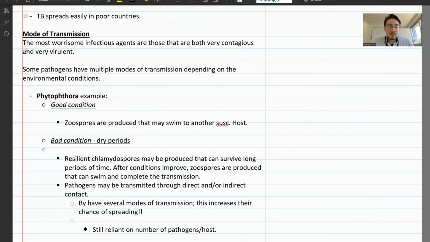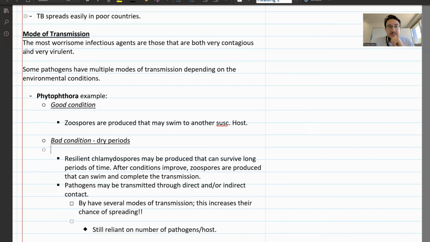Is it soil-borne or waterborne? Could it be spread by sneezing and coughing and all of that? So definitely, depending on how difficult it is, mode of transmission can easily propagate a pathogen or inhibit its spread relatively well.